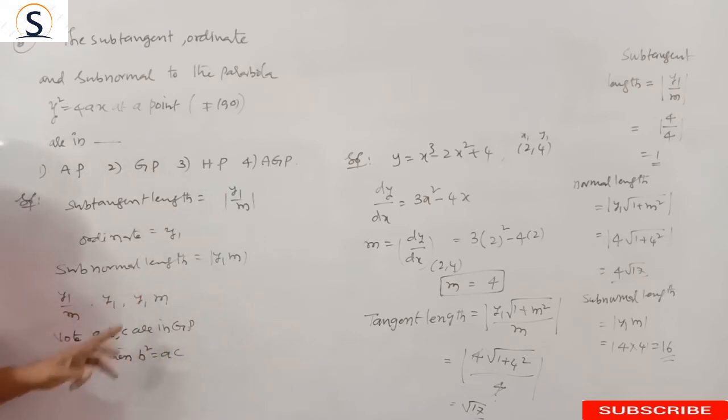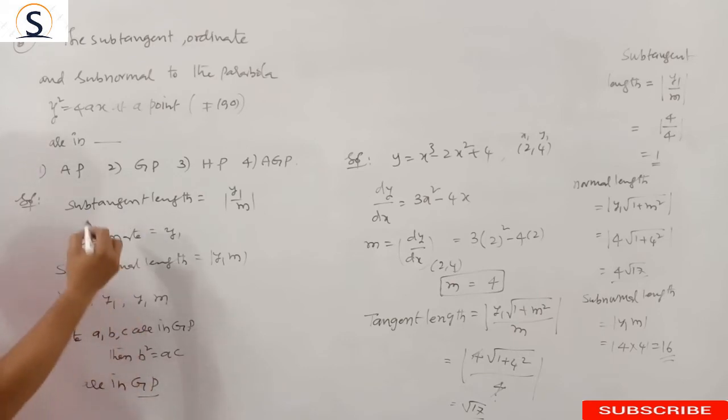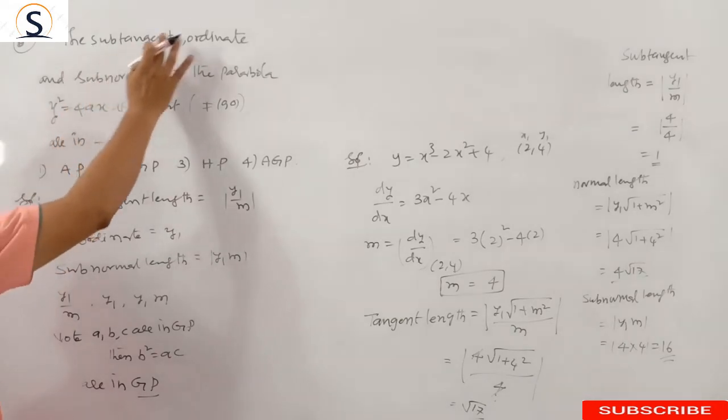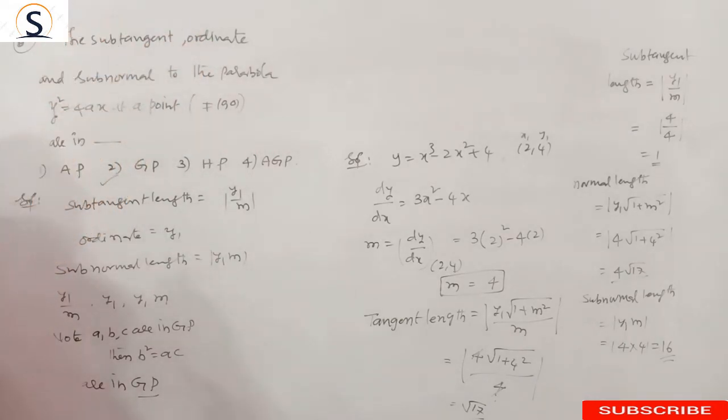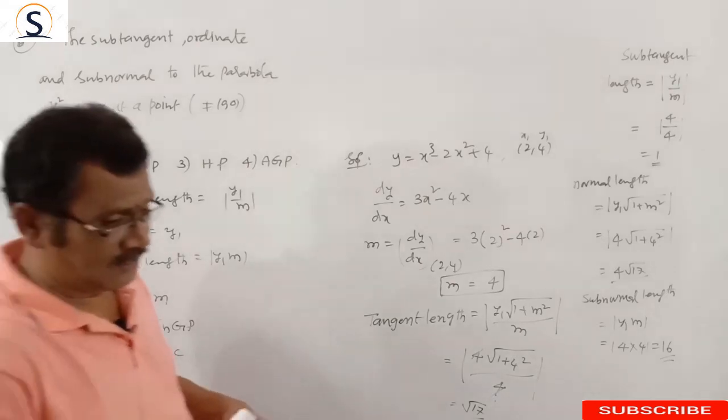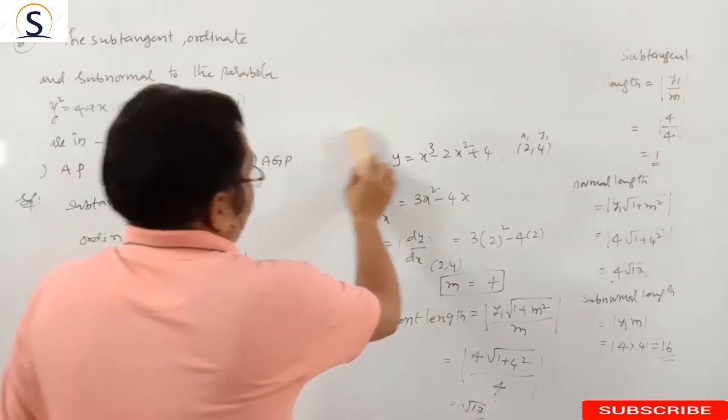So these three terms satisfy this condition. Multiplying both, m cancels, giving y1 square, and the square of the middle is y1 square. Therefore, the above terms are in GP, so option 2, GP, is correct. So subtangent, ordinate and subnormal, the three terms form a geometric progression. This is your sixth question.